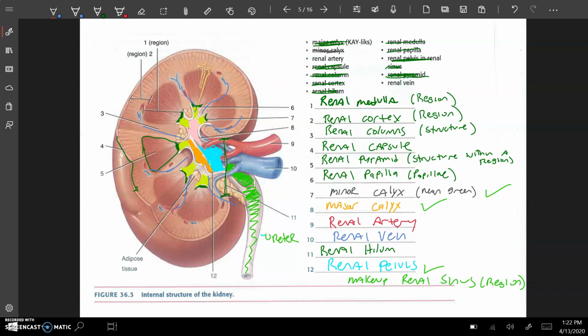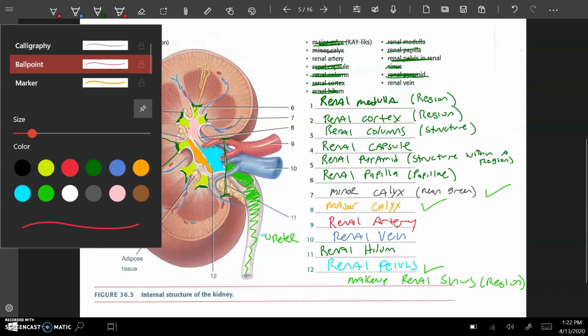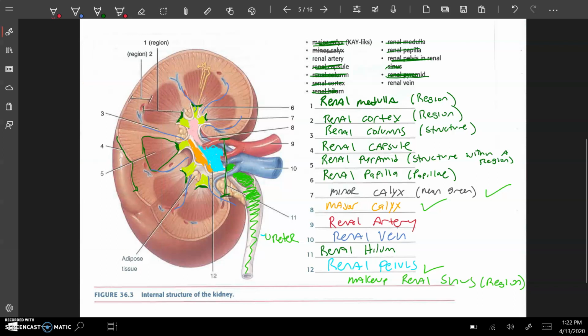The renal vein and the renal artery will be connected to each other. So blood comes into the kidneys. Inside the kidneys, you see these small, microscopic structures called nephrons, which you'll learn about next. That is where this blood will be filtered and cleaned.